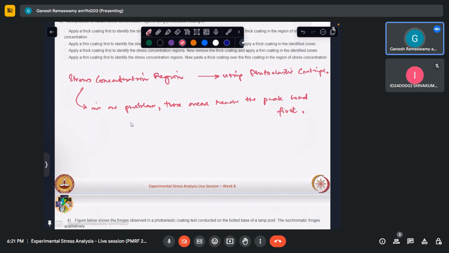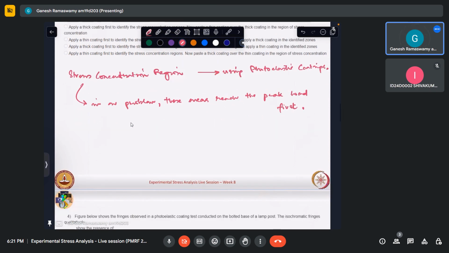So essentially, if we were to use a very thin coating, now we know that the fringe order developed is inversely proportional to the thickness of the coating. We'll also see some brief derivations later. So therefore, if Hc is more, I'm sorry, this is directly proportional.